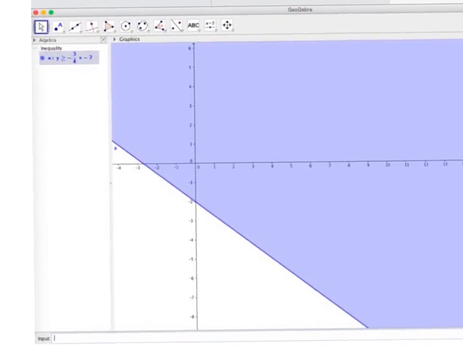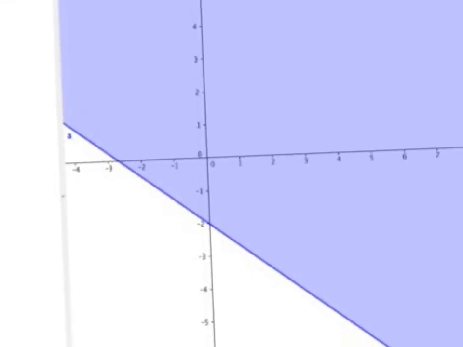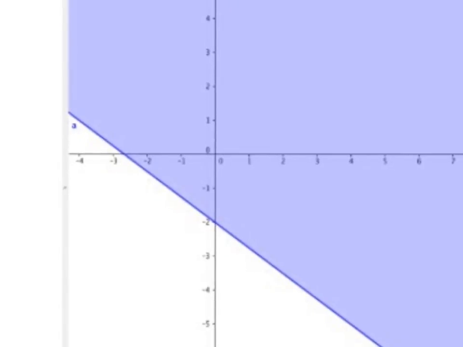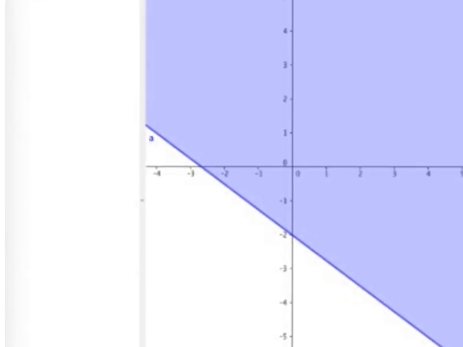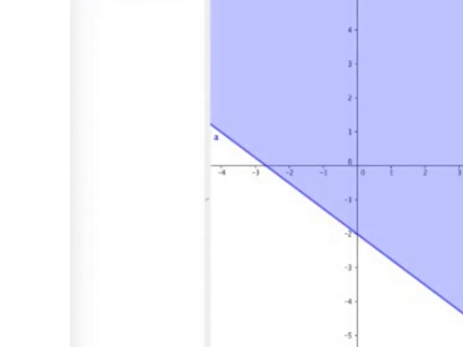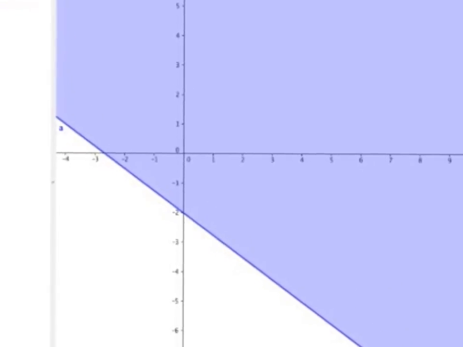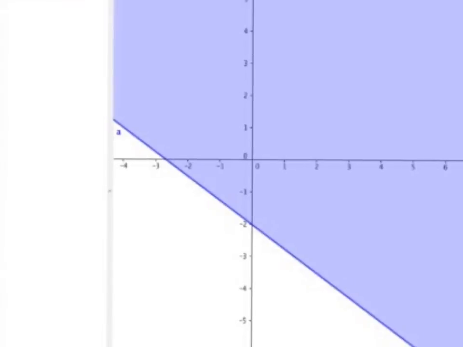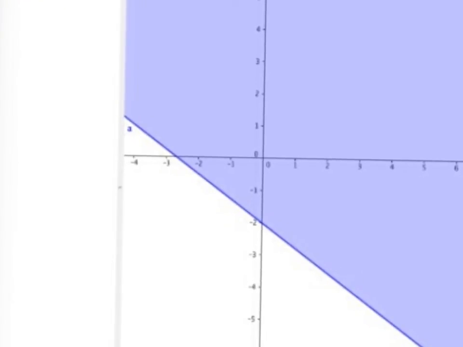And this time you'll notice, if you look closely, that your line is a solid line, meaning it's inclusive. And since it's greater than or equal to, the shading is above the line, and that means any point in this region right here, this blue region, is a solution.